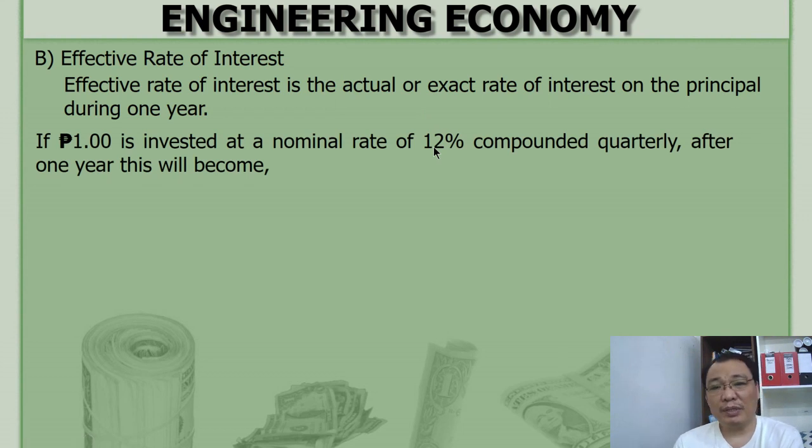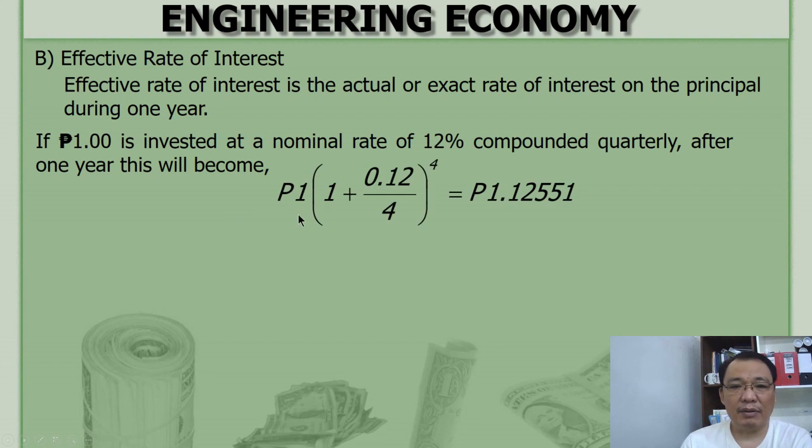So suppose 1 peso is invested at a nominal rate of 12% compounded quarterly. After 1 year, this will become 1 plus i, where i is r over m, 0.12 over 4. In 1 year, there are 4 quarters.